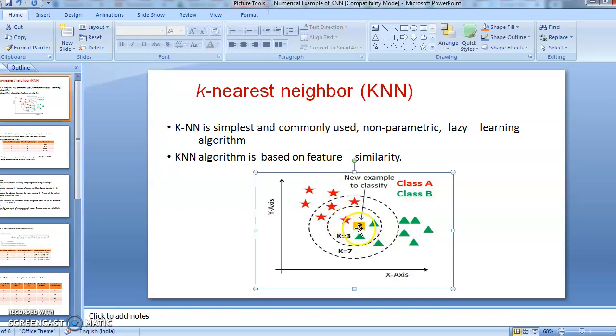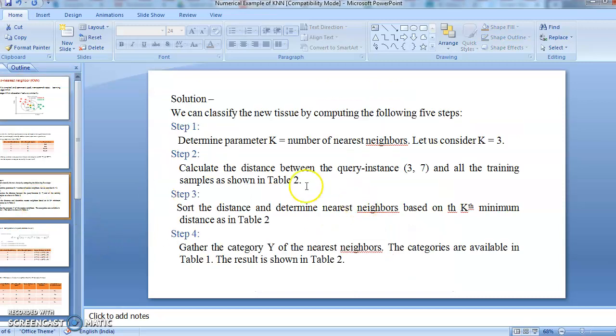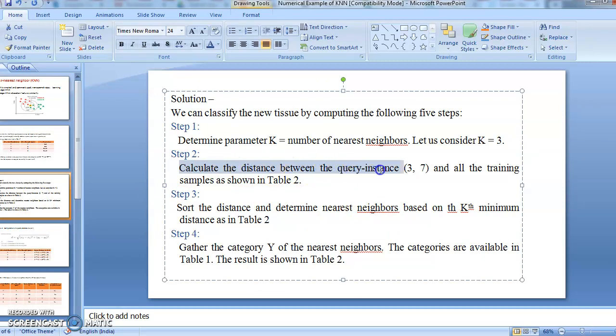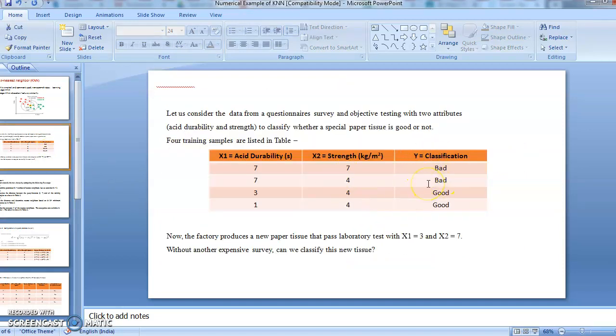So find the distance of the new point with respect to the other data points. So second is calculate the distance between the existing data points and the new data point. Next step, whatever distances you have collected, you have to sort the distances and determine the nearest neighbors based on minimum to maximum distance. And last, after deciding the neighbors, find the output class from the given classification.